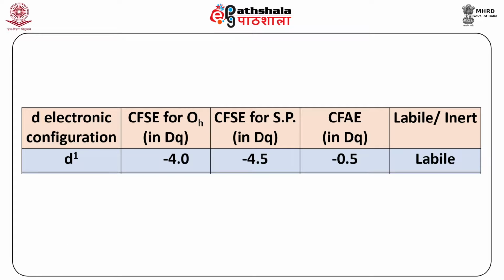So, what we get? In case of octahedral system, we had the crystal field stabilization energy equal to minus 4 Dq, while in case of a square pyramidal system, crystal field stabilization energy was minus 4.5 Dq.